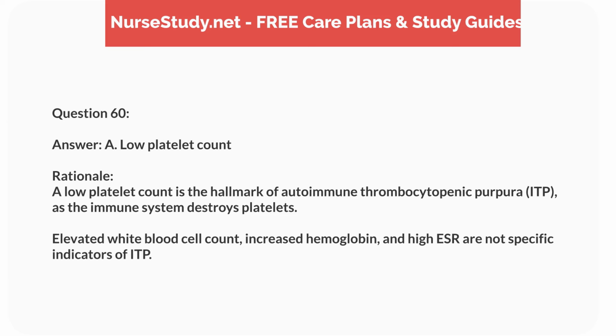Answer: A. Low platelet count. Rationale: a low platelet count is the hallmark of autoimmune thrombocytopenic purpura, ITP, as the immune system destroys platelets. Elevated white blood cell count, increased hemoglobin, and high ESR are not specific indicators of ITP.